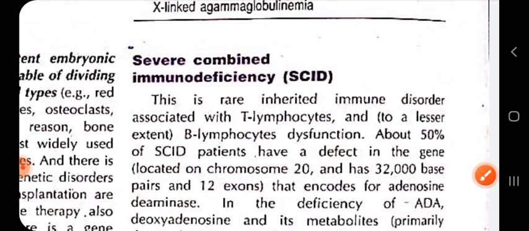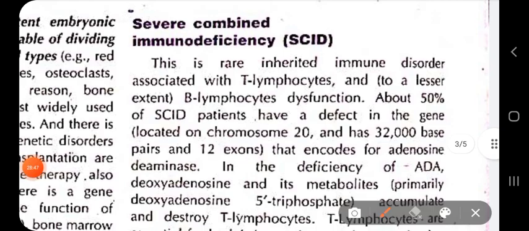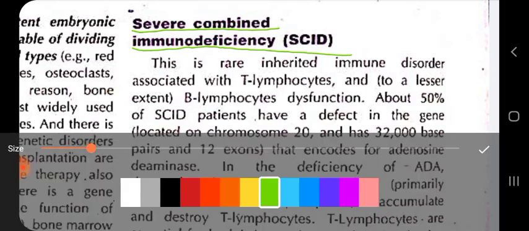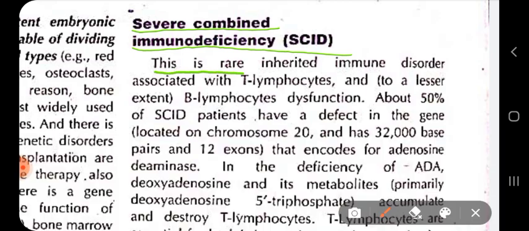So what it is saying, let us discuss now. It is saying that severe combined immune deficiency, or SCID, is a rare inherited immune disorder associated with T lymphocytes, and to a lesser extent B lymphocytes dysfunction.